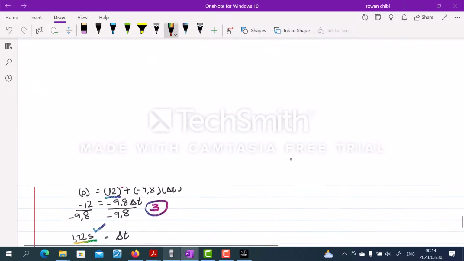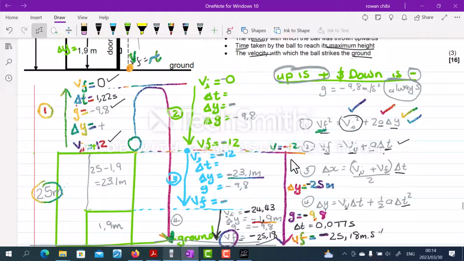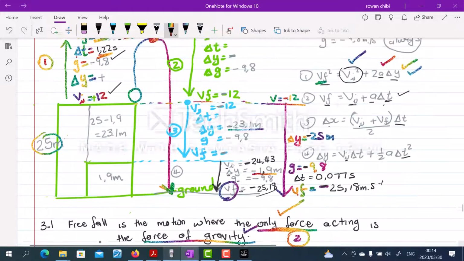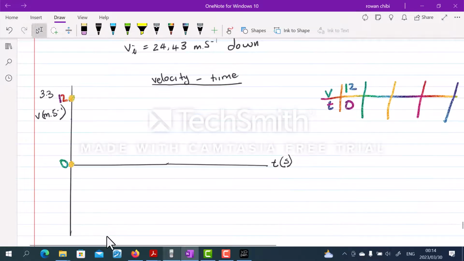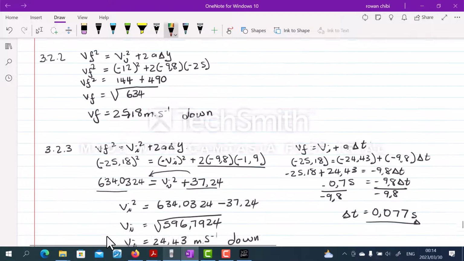It started at 0 time, and then it goes up. Now it reaches this point. What is the velocity at that point? We know the velocity is 0. What's the time at this point? The time is 1,22. So the second point: the final velocity was 0 but the time was 1,22.